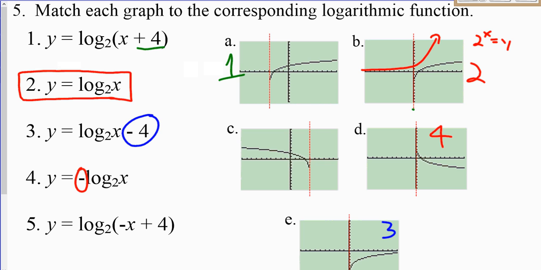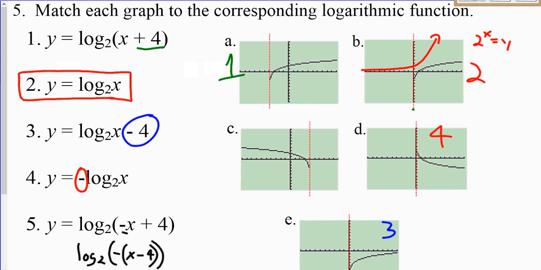Okay. Well, C's got to be 5 here, but why is that got to be 5? Well, if I think about this, that the negative here is going to be a reflection. I can rewrite this as log of 2 of negative x minus 4.